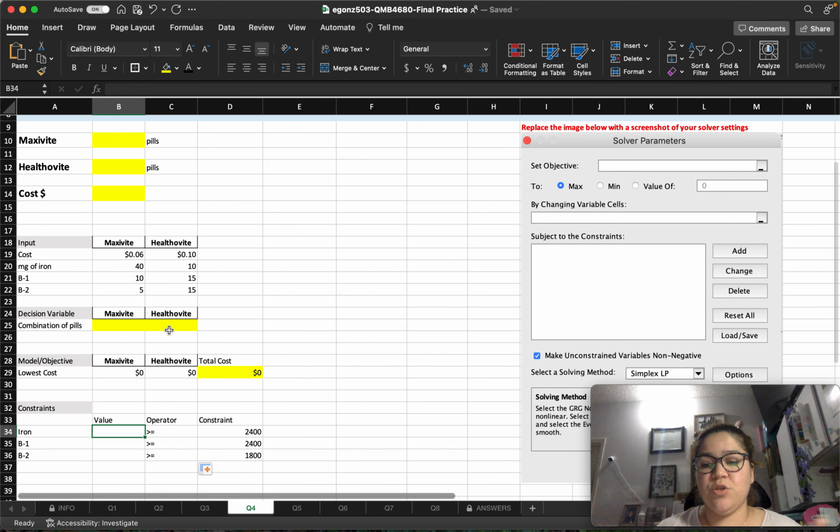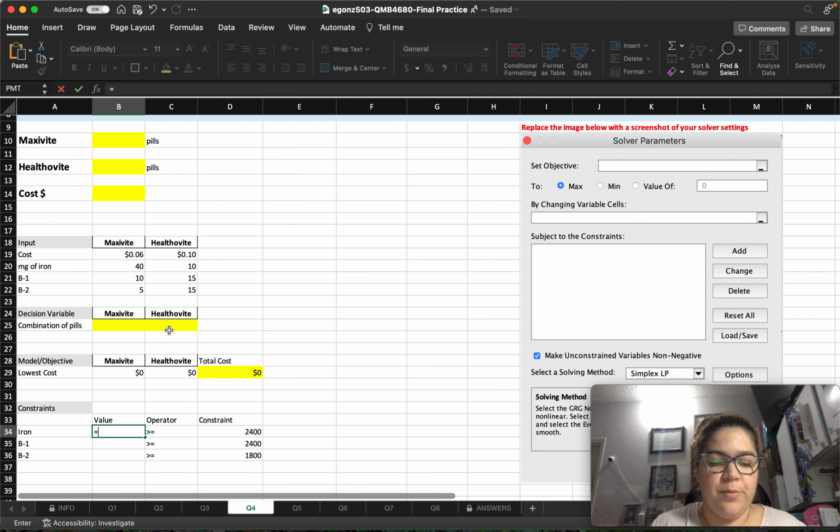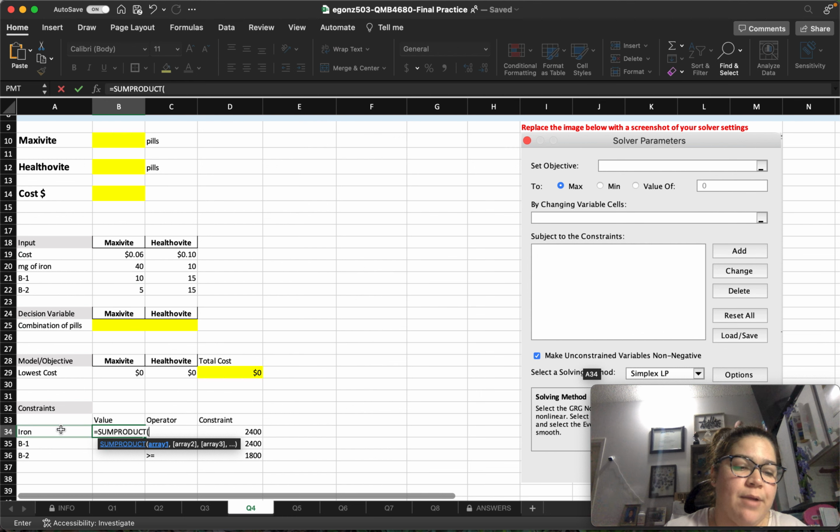Now for the value. The solver is going to do this, but we still need to enter a formula. The formula that we're going to use is SUMPRODUCT. So what is array 1? We're going to start with iron, right? So right here it says iron. Let's go back to iron. So we're going to select the iron required for the 2 vitamins, comma, array 2 is going to be the combination of the pills.